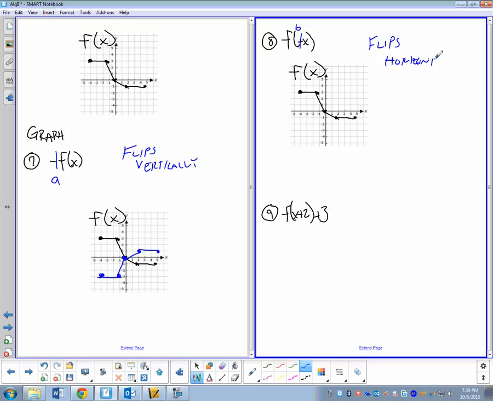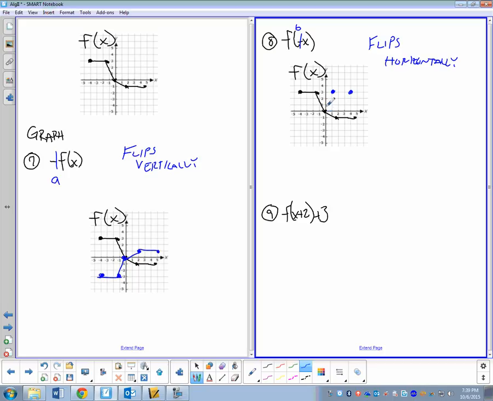That means to get my new graph, I take whatever was on the right and I move it to the left. I take whatever's on the left and I move it to the right of my y-axis. So this point here, instead of being 4 to the left of the y-axis, I'm going to move it 4 to the right. So this point moves over here. This point here, instead of being 1 to the left of the y-axis, is going to be 1 to the right.